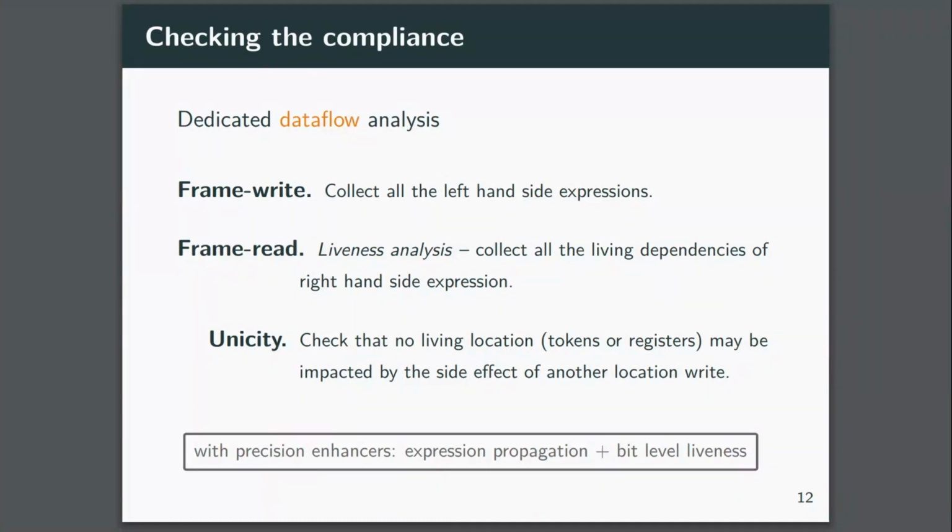And for unicity, it's a combination of the two previous data flows with some dedicated analysis to know if a token, so an arbitrary token that can be replaced by an operand like memory or register, may impact another one because the compiler can share the same location for the two.